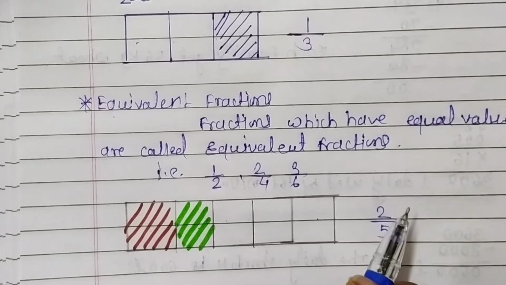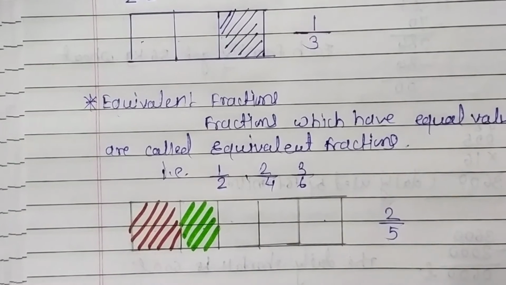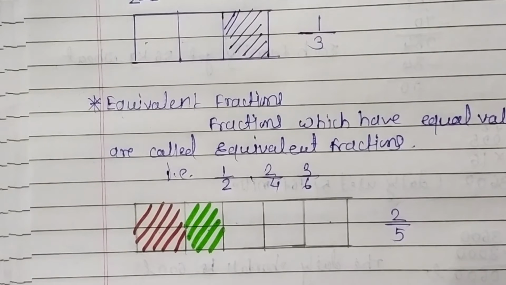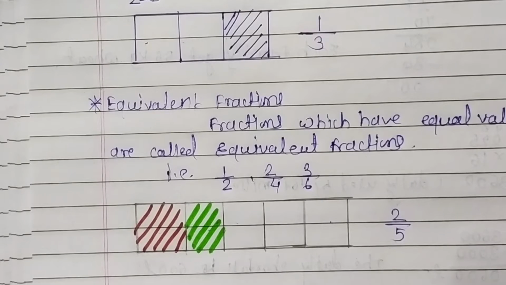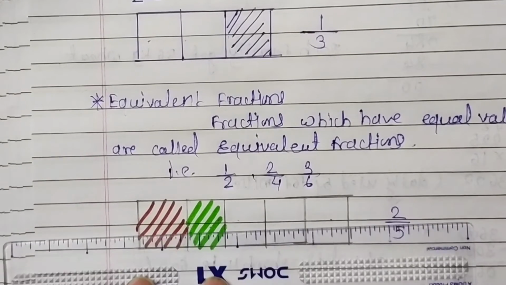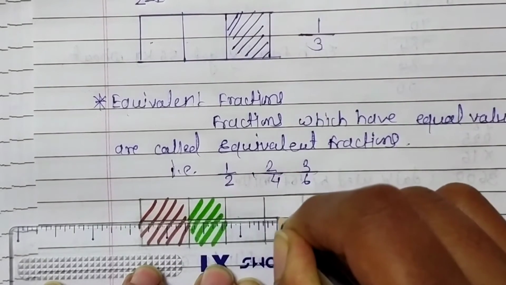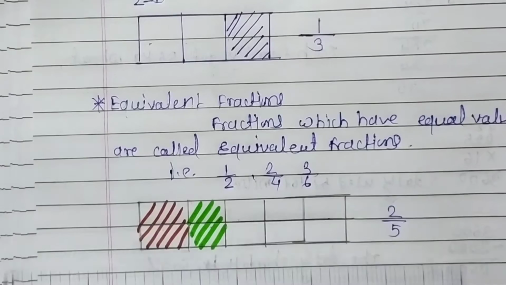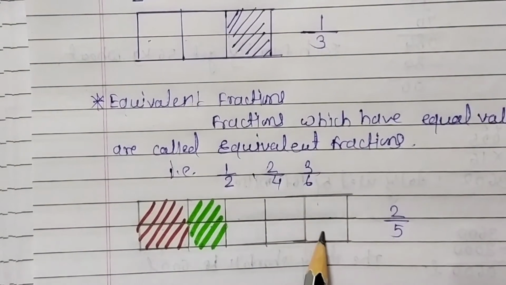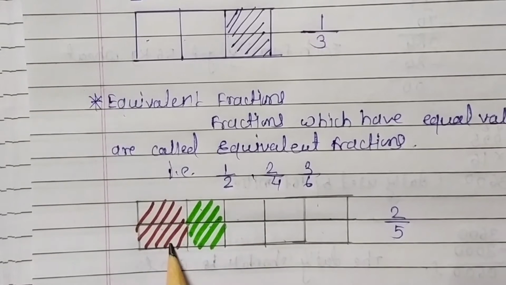From this figure, when I draw one more line across the same figure like this, now how many parts does the figure have? 1, 2, 3, 4, 5, 6, 7, 8, 9 and 10.